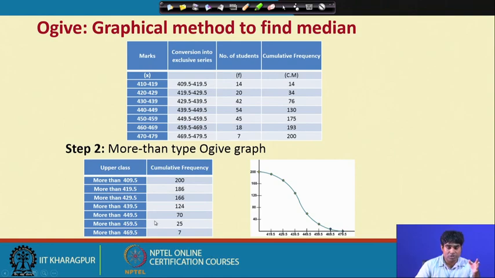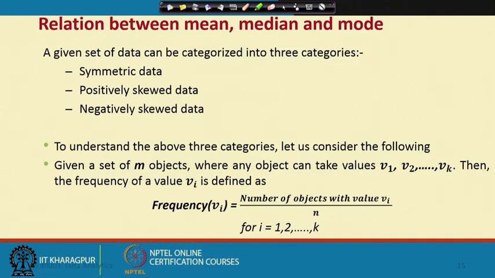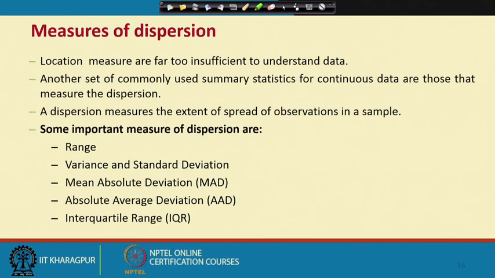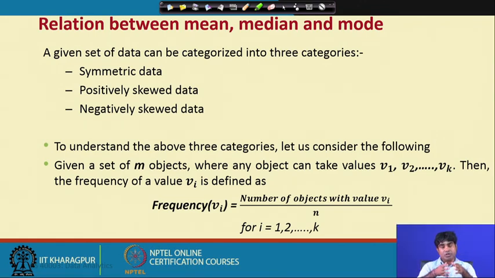Likewise, there are different mechanisms through which you can calculate the median. Then the next structure is called the mode. What I am saying is that in the measures of location there are typically 3 items: mean, median and mode.